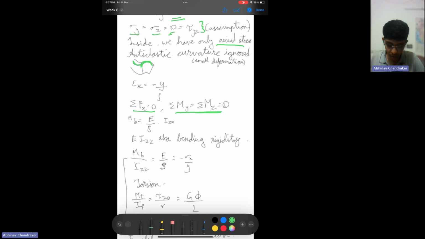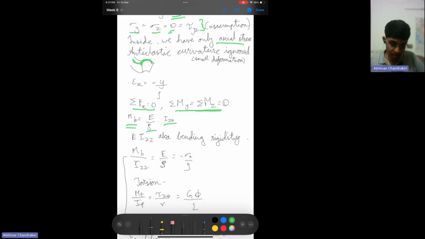And when we do that and solve it, what we get is that the bending moment being applied is equal to E by rho into the second moment for that cross section. You can call it moment of inertia also, or the second moment for that cross section.